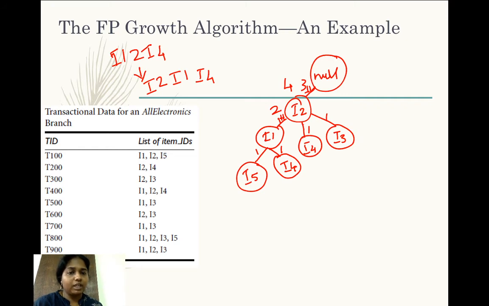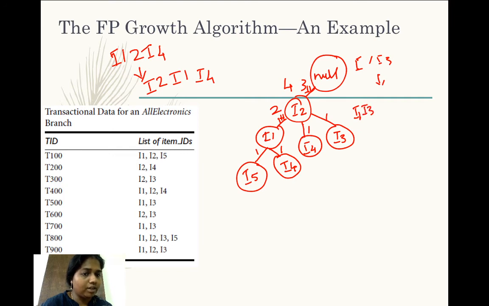Now I have to take the next transaction. What's my next transaction? Transaction ID 500. I've got elements I1, I3. If I reorder them, I can use them as I1, I3 itself because they are already in order. But when I look into this tree structure, the first element here is I1.